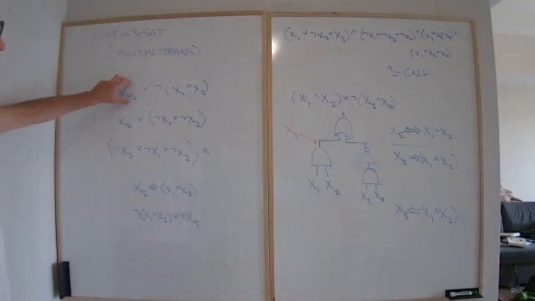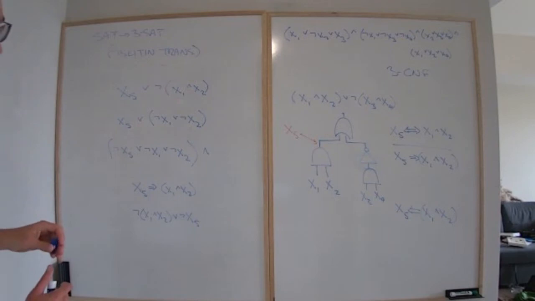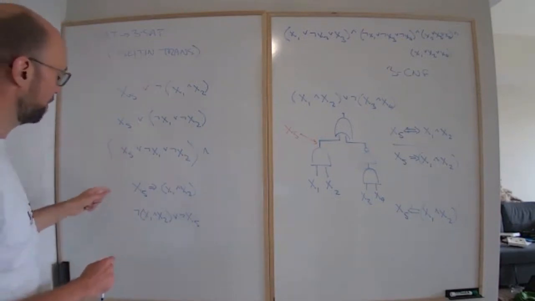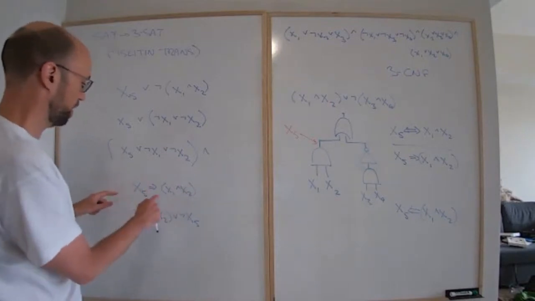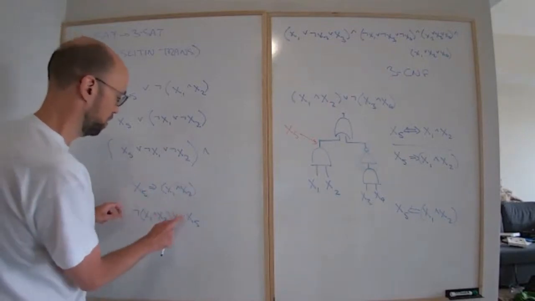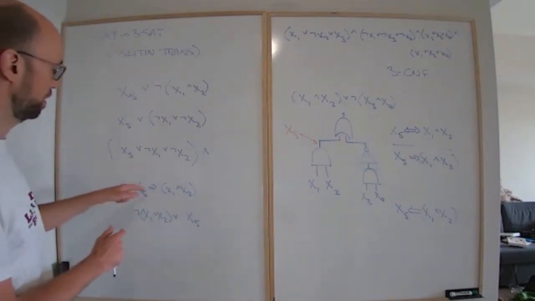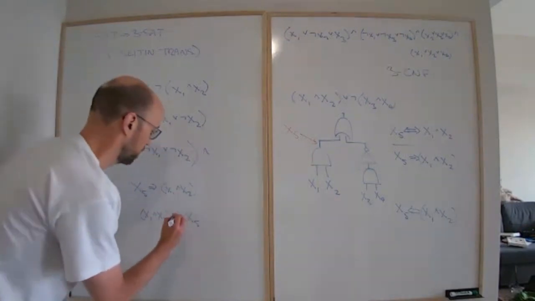You either say not the antecedent or the consequent. So x5 implies this is either not x5 or this.